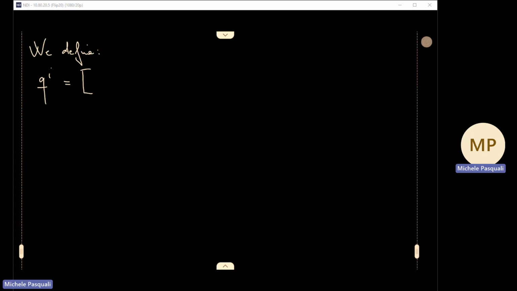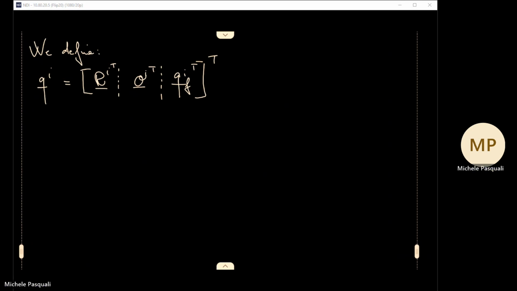There's no j anymore. And this is like this. So we have this, as I was mentioning, and as a matter of fact, we should put the transpose operator over everything, to be consistent. And then we have a qfi, like so, and then everything is transposed.